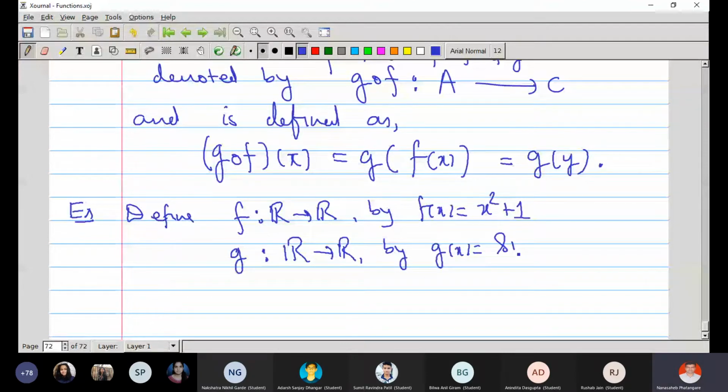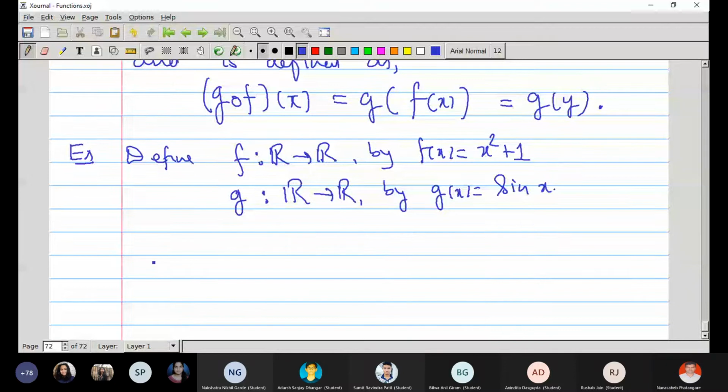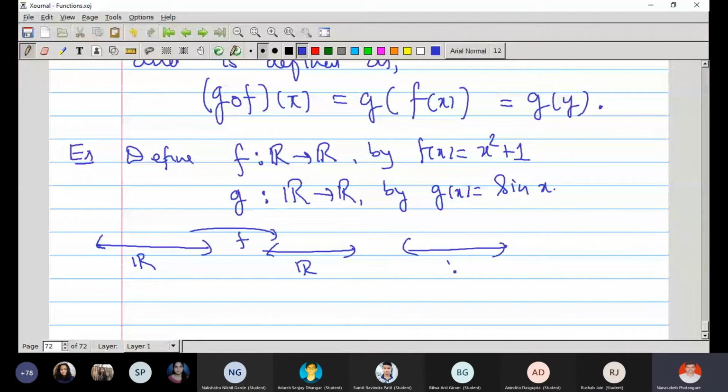So what is the situation here? This is R, this is the real line R, and F is defined in this way. And now G is defined from this R to R. Right? So what is the composite function?